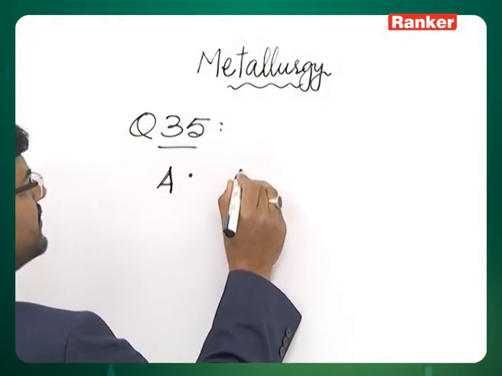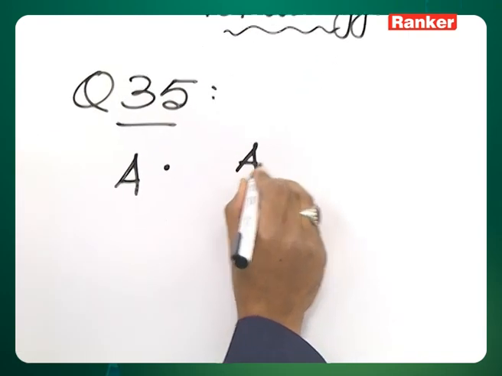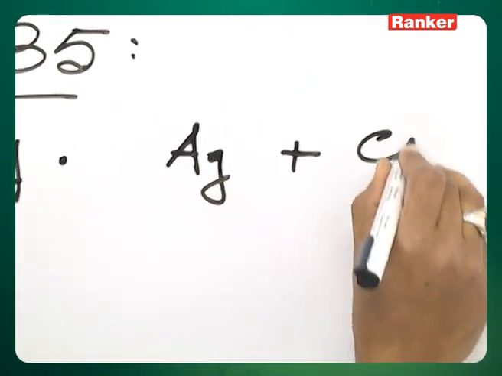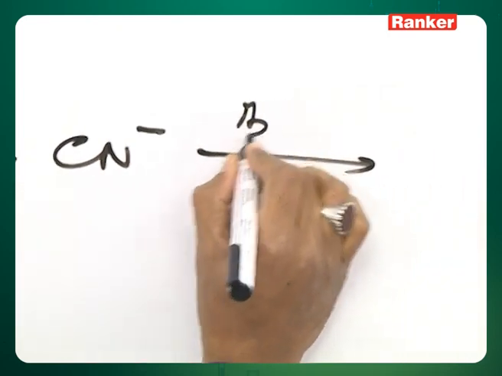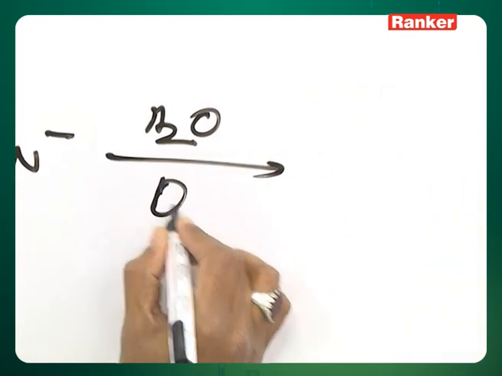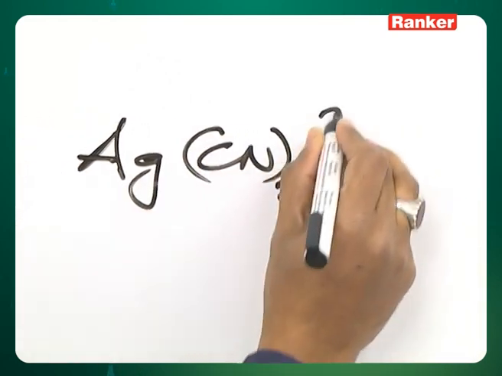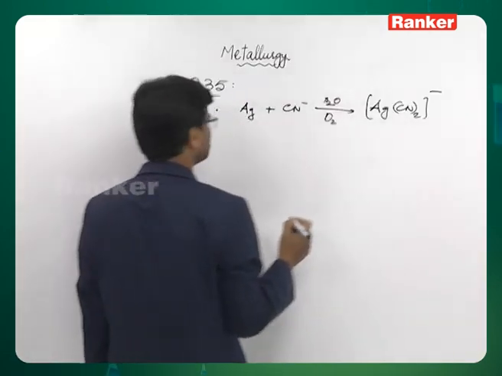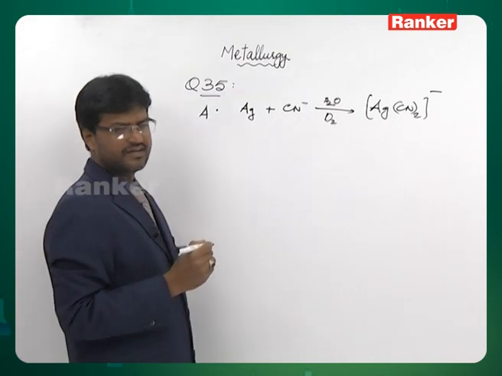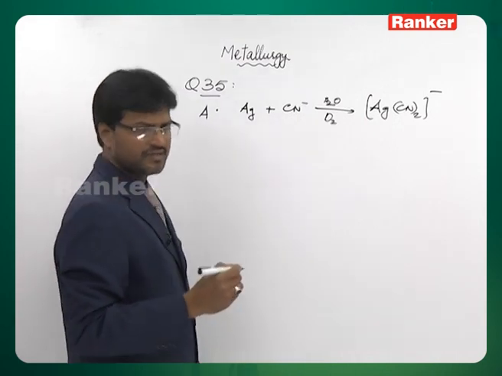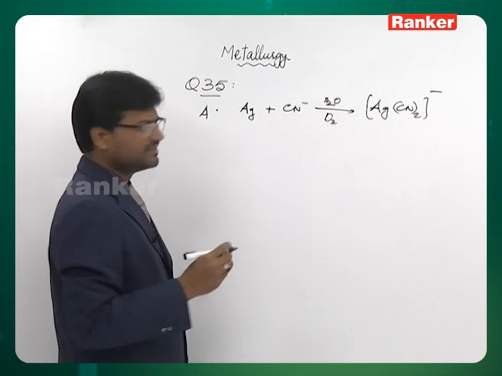Silver, for example, reacts with cyanide in presence of water and oxygen, and you get Ag(CN)2 minus. This is leaching. So it involves cyanide. So A should be matched with 4. Then calcination.